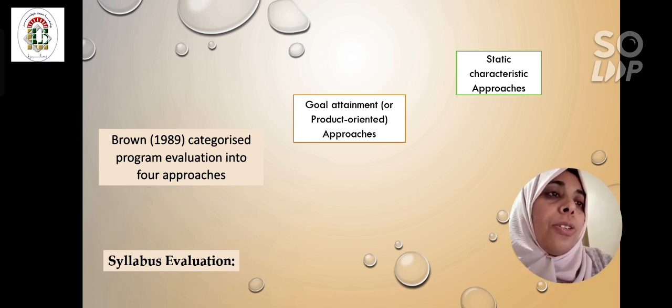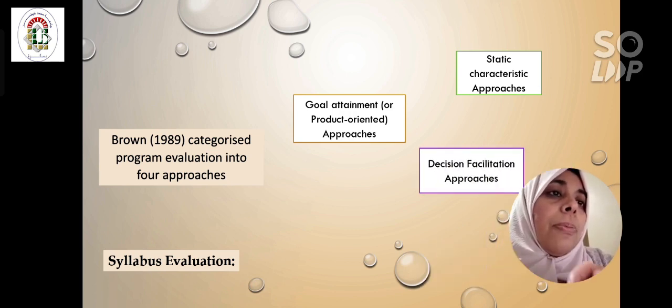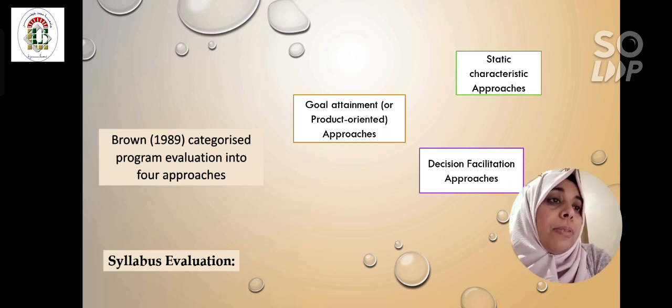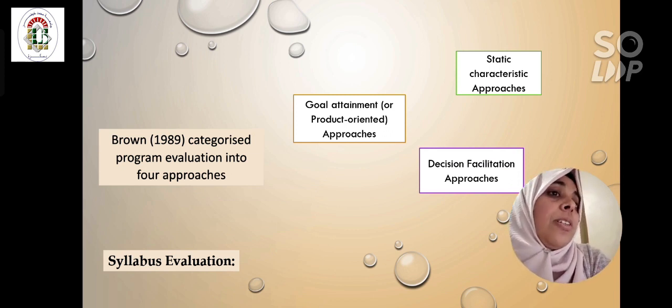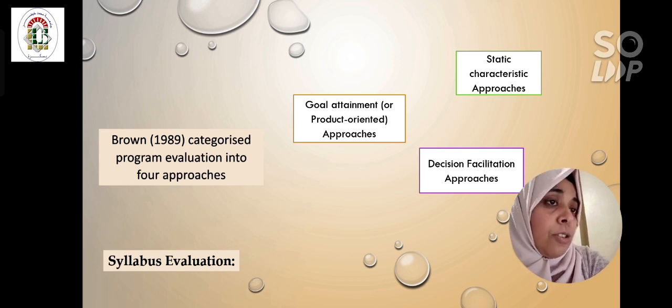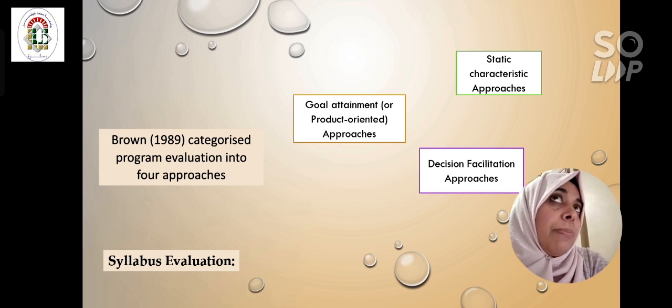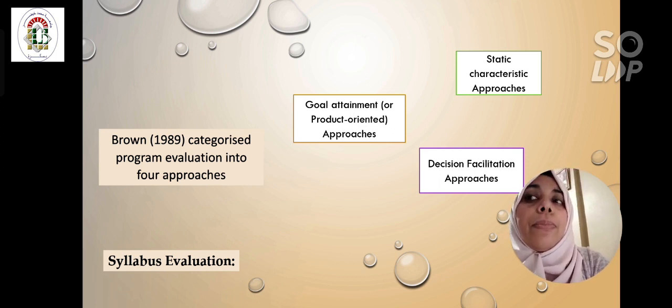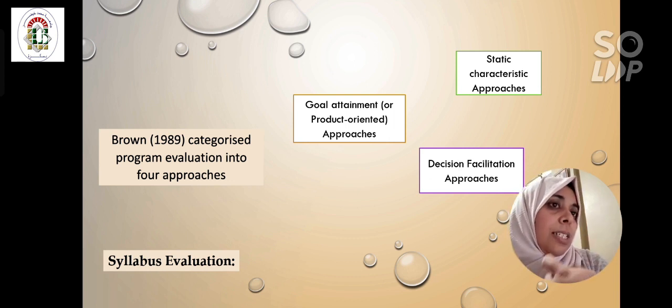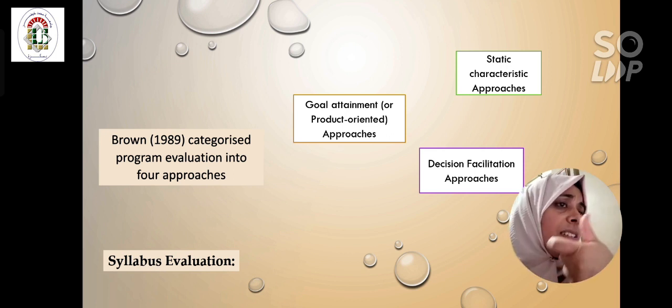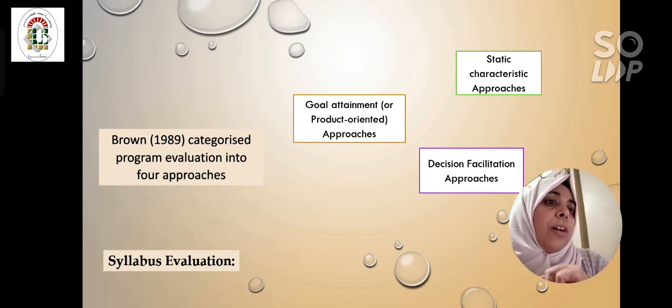Another approach to the program evaluation or the syllabus evaluation is the decision facilitation approach. This is according to Brown, the decision facilitation approach. So here the evaluation will be based on making this program a departure to decide the destiny or the destination of the group of learners.